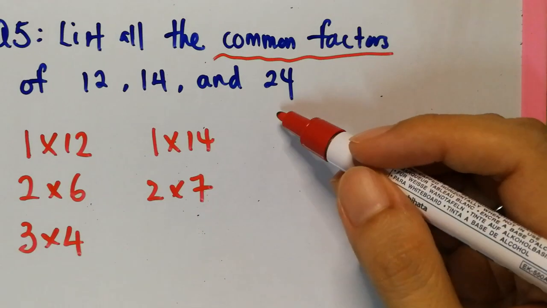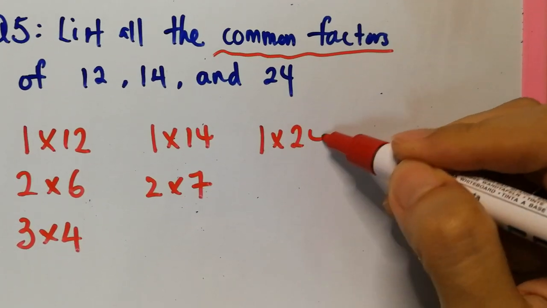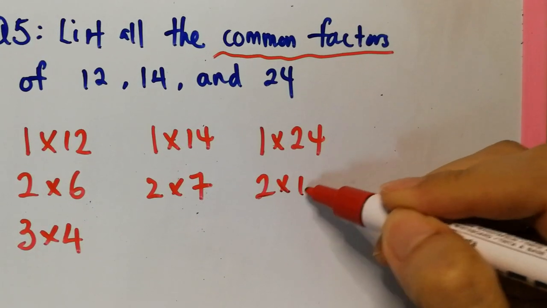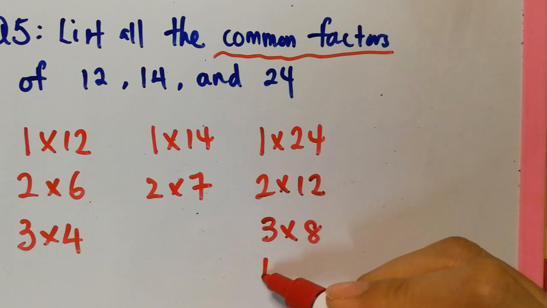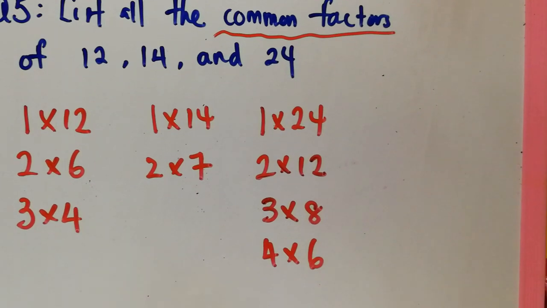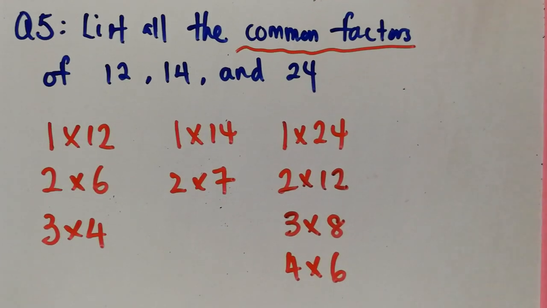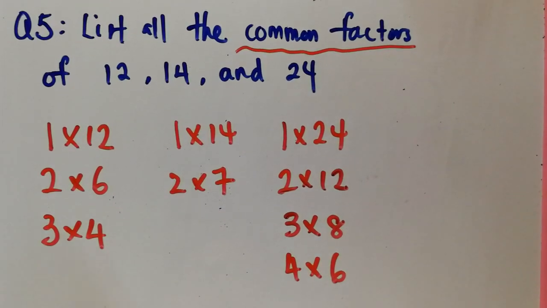After that, we got 24. We got 1 times 24, 2 times 12, 3 times 8, 4 times 6. Is there any more for 24? I think that's all.